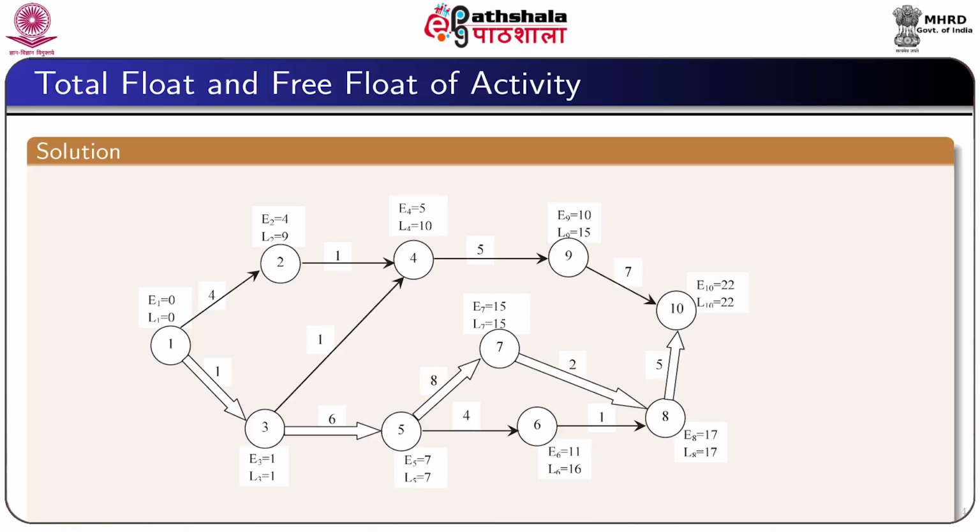As you can see, EI equals LI for all the events lying in the path 1, 3, 5, 7, 8 and 10. Therefore, the activities 1,3; 3,5; 5,7; 7,8 and 8,10 are called critical. That means any delay in any of these activities will delay the completion of the project.